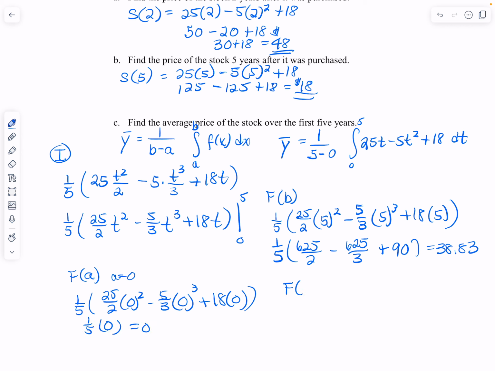So f at b minus f at a is 38.83 minus 0, it's $38.83. That's the average price of the stock. And guess what? We completed this section. Yay! So you're done with it, and that's it.